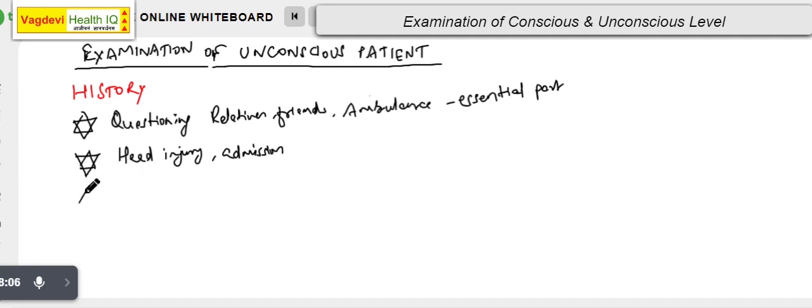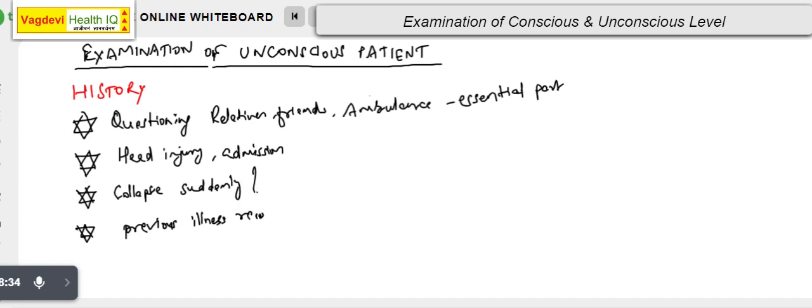Then you have to find out whether it was a collapse, like a switching off mechanism in parkinsonism, that day we were talking about collapse suddenly. You have to just ask that. Then other things you are going to ask: any kind of previous illness record, relevant past history.